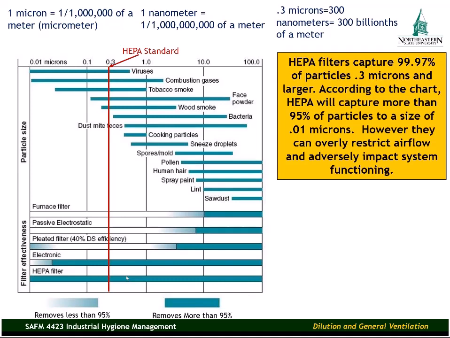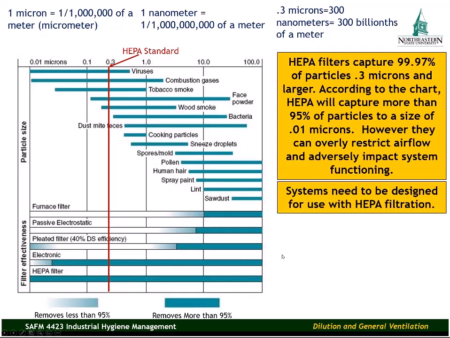But a problem, like I mentioned in the previous slide, is they can overly restrict airflow and adversely impact system functioning. So you want to be cautious putting a HEPA filter in a system that's not designed for a HEPA filter. Systems need to be designed ideally for use with HEPA filtration.